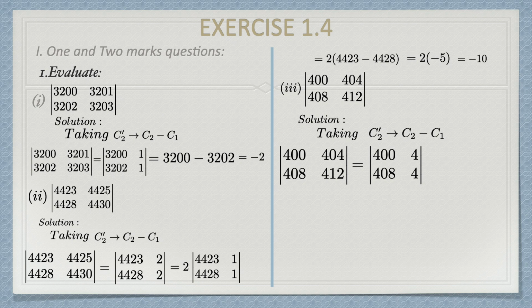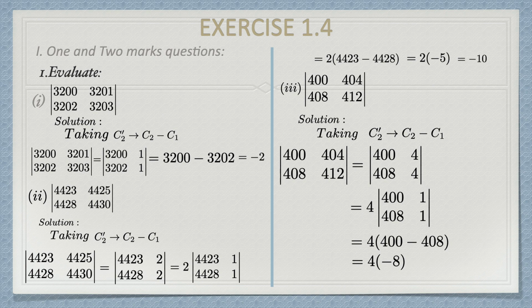Same like previous problem. 404 minus 400, we get 4. Same 412 minus 408, we get 4. Now we will take 4 common. Then by expanding the determinant, by simplifying, we get minus 8. Multiply minus 8 with 4, minus 32.